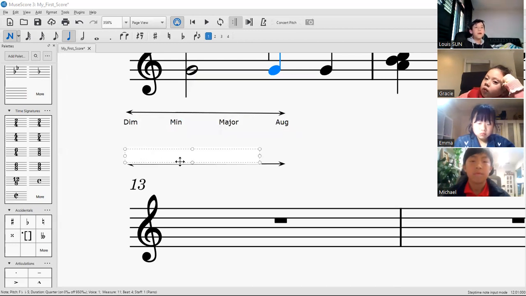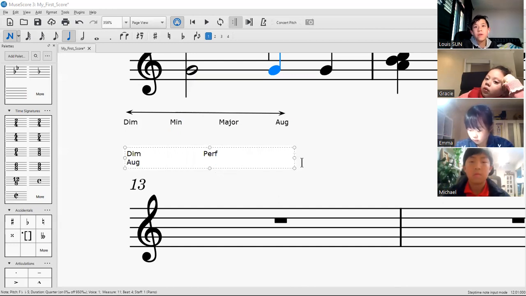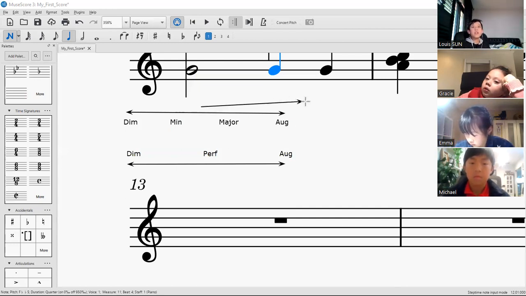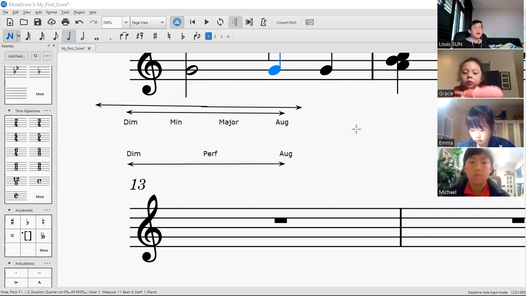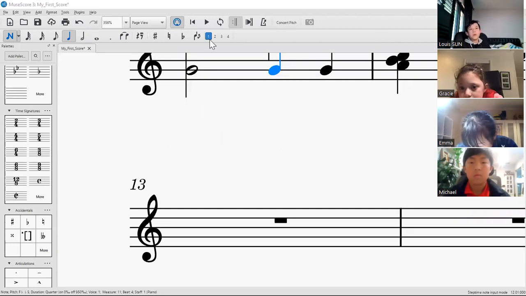And since perfect doesn't really have a counterpart, diminished is to the very left, perfect in the middle, and augmented to the very right. So as I said, going right, increasing number of semitones, going left, decreasing number of semitones, and that spectrum just about explains everything. All right, let's play rapid fire.